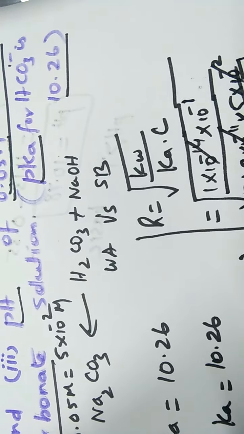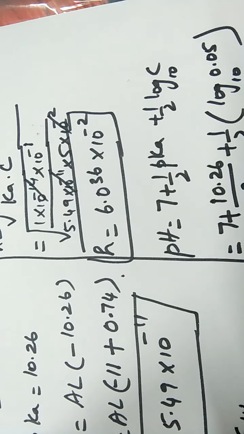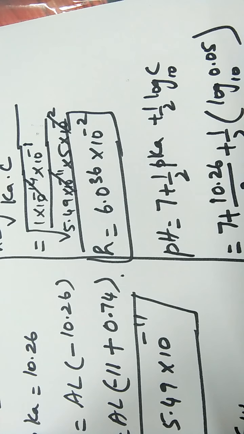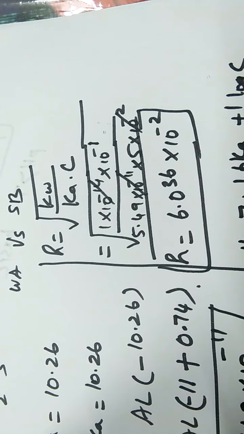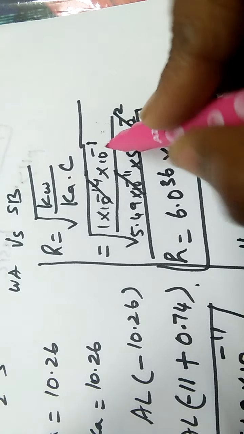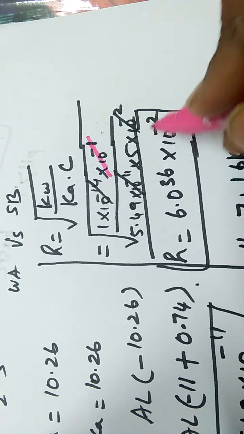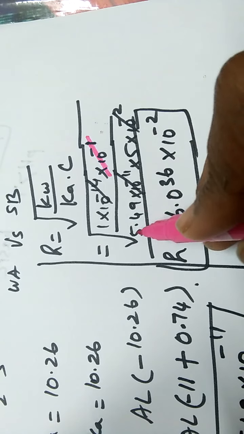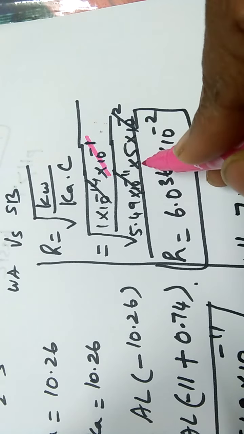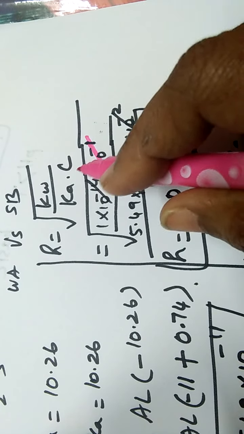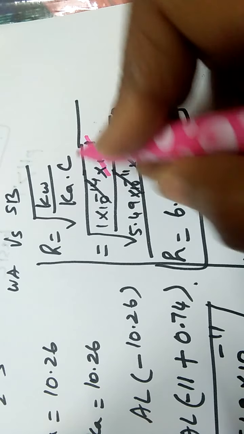We are going to find out the value of h. h is root of Kh by C. Here Kw is 1 into 10 power minus 14, Ka is 5.49 into 10 power minus 11, and 5 into 10 power minus 2 is C. 10 power minus 2 minus 11, 10 power minus 14 gets cancelled.